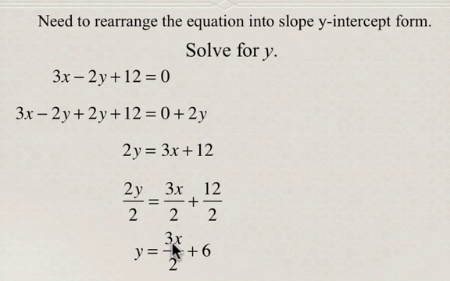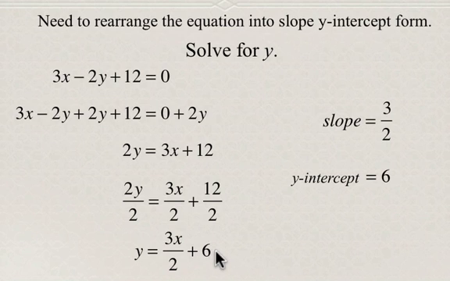And we've got 3 over 2 x plus 6. What we have to realize is that the m here is 3 over 2, and that means our slope is 3 over 2. And our y-intercept is 6, because 3 over 2 is our m, and positive 6 is our b.